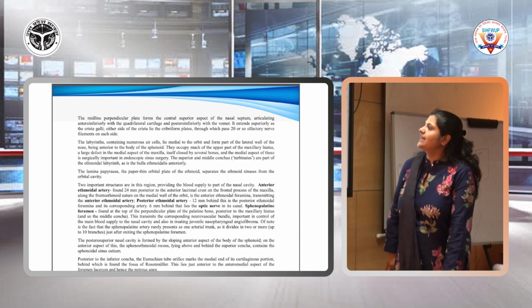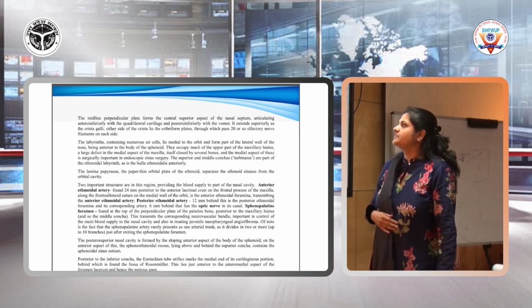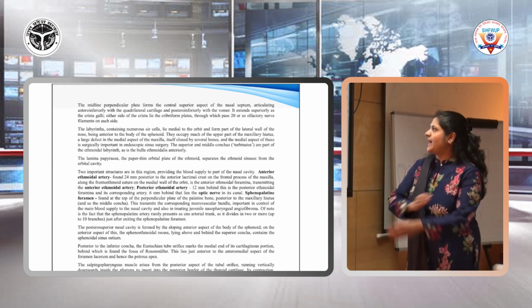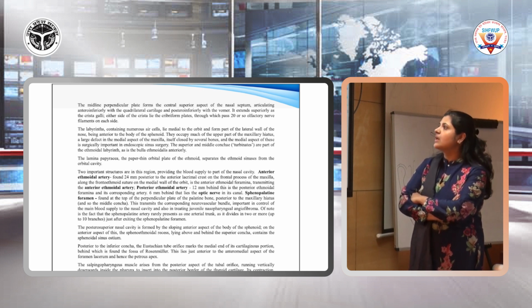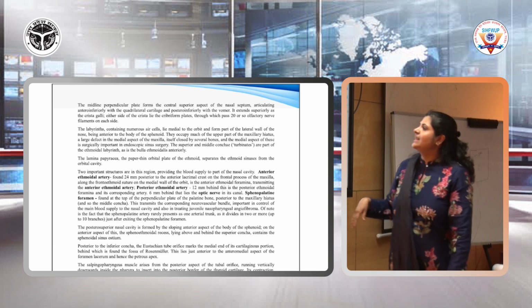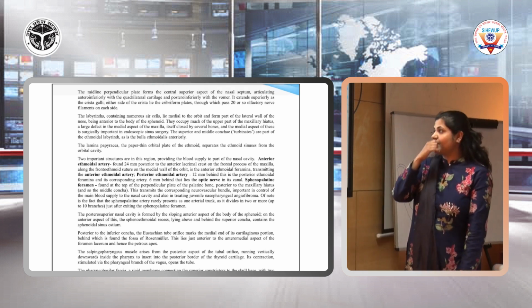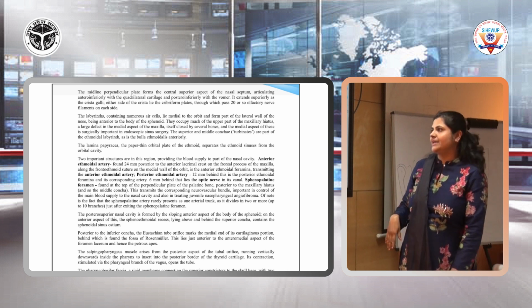The labyrinths, containing numerous air cells, lie medial to the orbit and form part of the lateral wall of the nose. They are anterior to the body of the sphenoid. They occupy much of the upper part of the maxillary hiatus. The lamina papyracea is a paper-thin orbital plate of the ethmoid which separates the ethmoid sinuses from the orbital cavity.